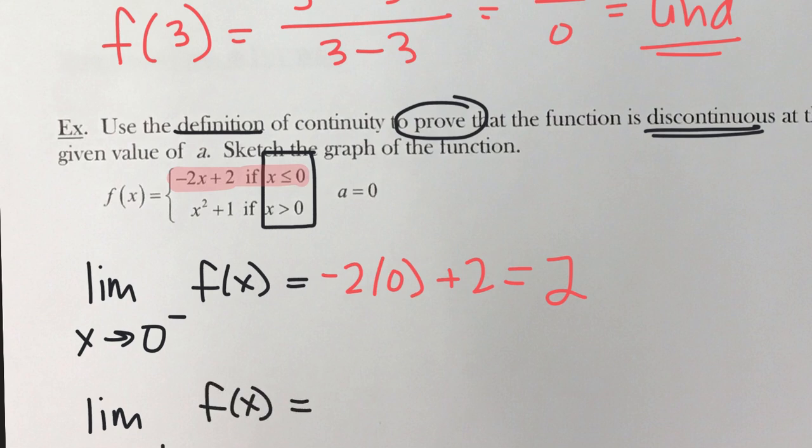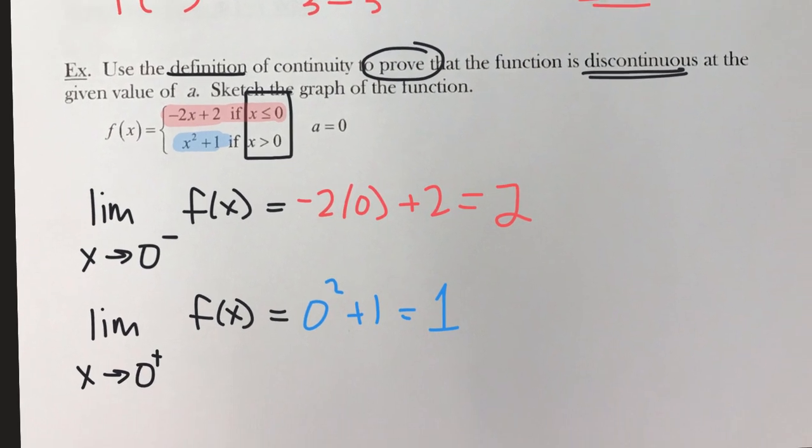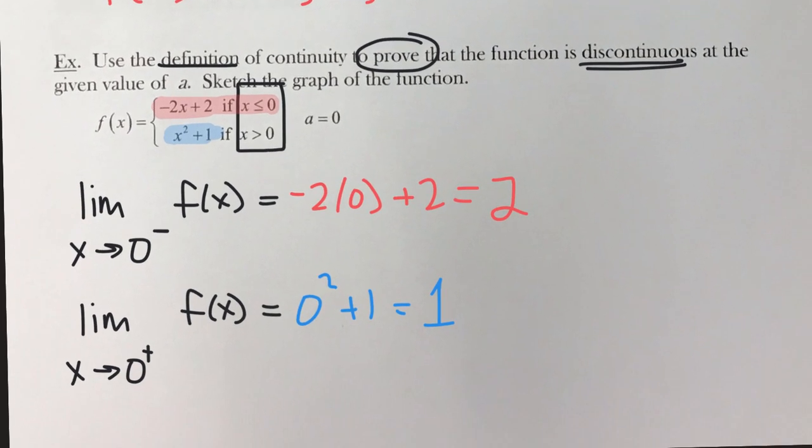So the right side is the greater than side. So we're going to plug 0 into x squared plus 1. That would be 0 squared plus 1, which is 1. So, does the limit exist?